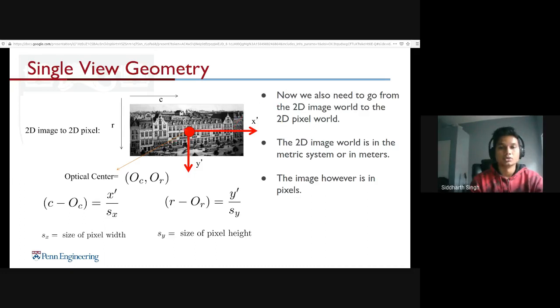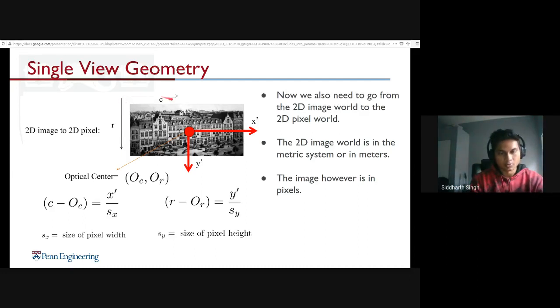Then we also need to take care of the optical center, because if you have worked with images in Python or C++ or just worked with images in computer vision, you would know that images are essentially matrices, and with matrices we begin counting from the top left corner, which is 0 0, and then go ahead column wise and row wise, right?